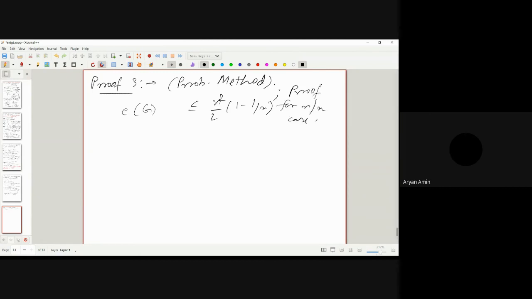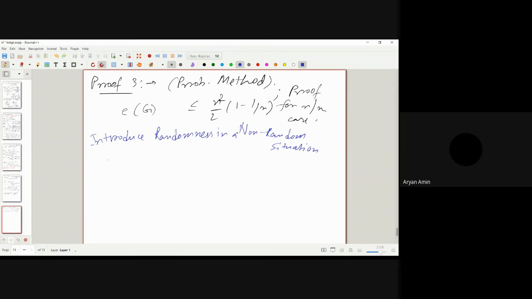Okay, let's do this. What do we do in probabilistic method problems in general? We introduce randomness in a non-random situation, right? So now think about it.